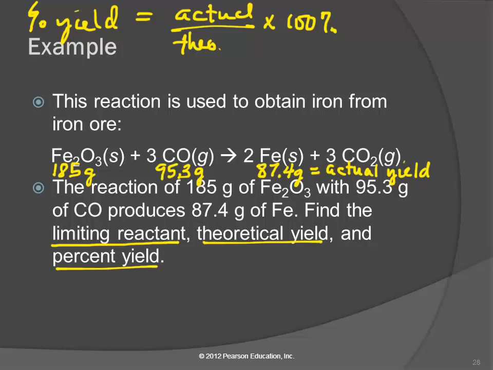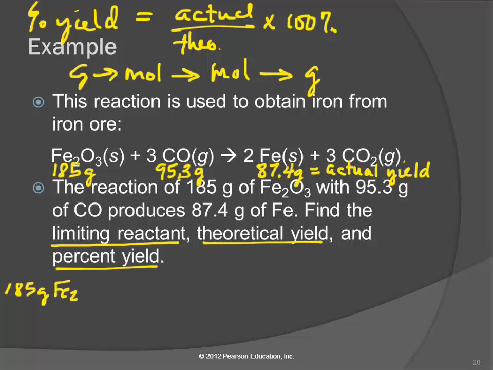So calculating theoretical yield, we're going to follow that map, grams to moles to grams. So we'll start with the Fe2O3. We've got 185 grams of Fe2O3. We're going to convert that to moles of Fe2O3, and then to moles of iron, and then to grams of iron.